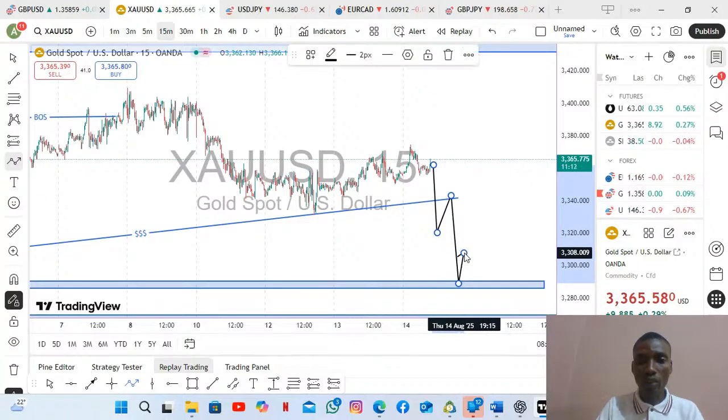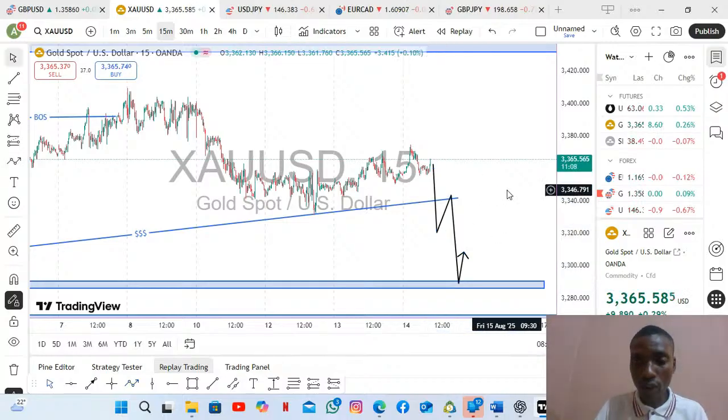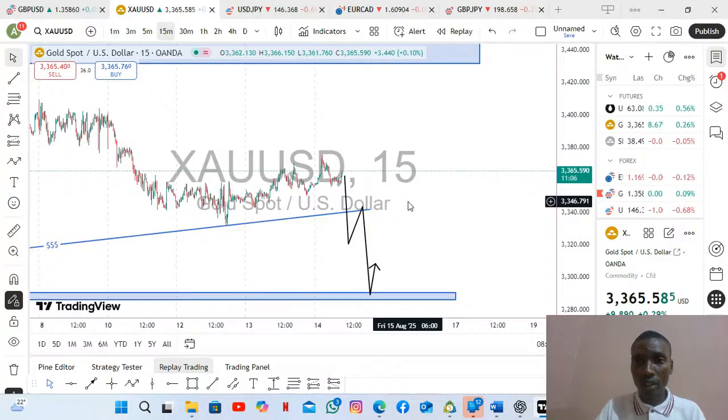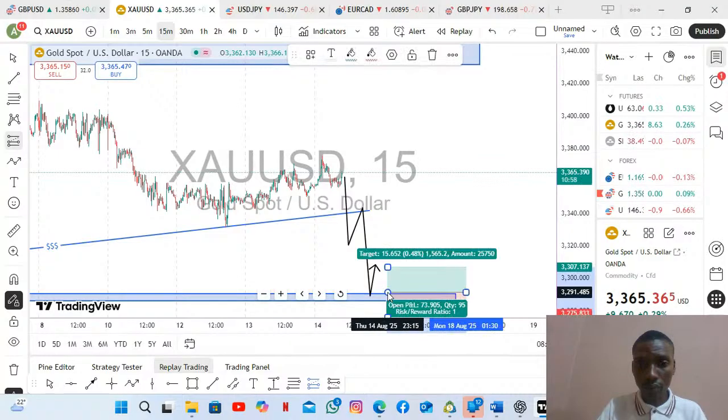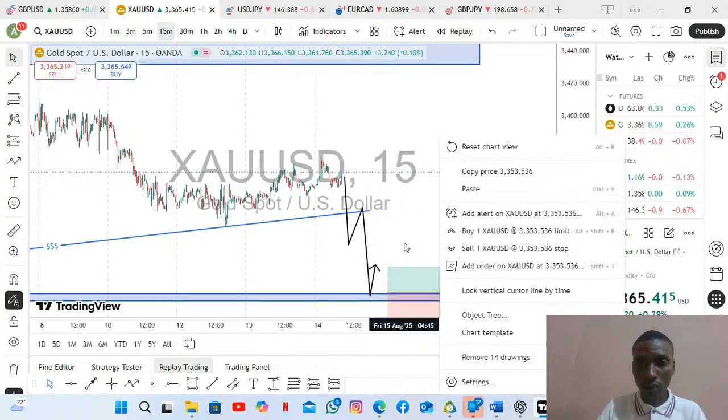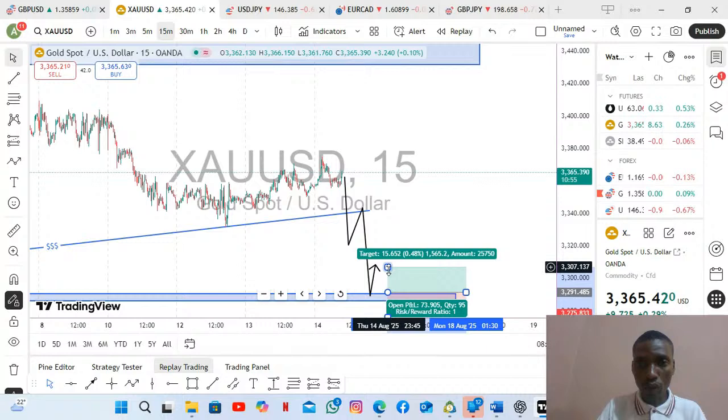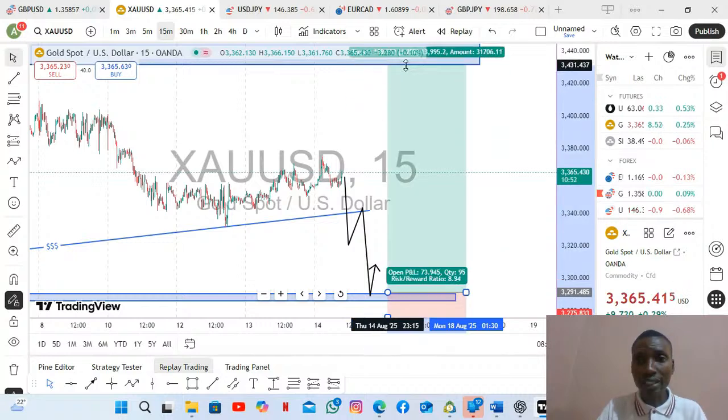That is what we're expecting gold to do. If I don't see it, I'm not going to take the trade. I may have to review my trade. This is our position here, and we expect gold to deliver this to us.